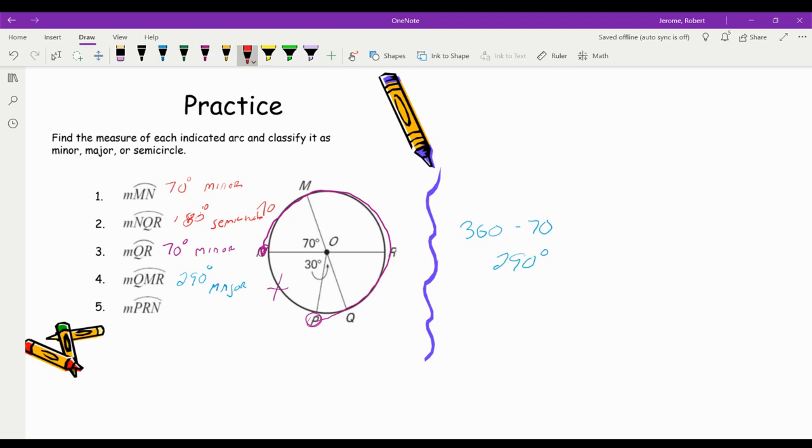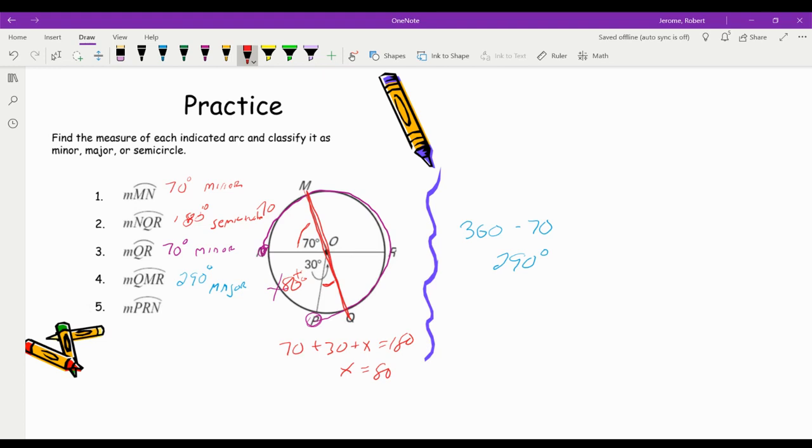So here's a couple different things we can do. We can find our diameter. We have 70, 30, and the one we don't want. Well, 70 plus 30 plus x is 180. So that means this right here is 80 degrees.